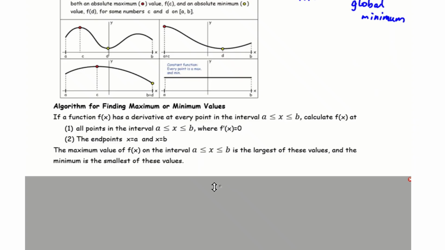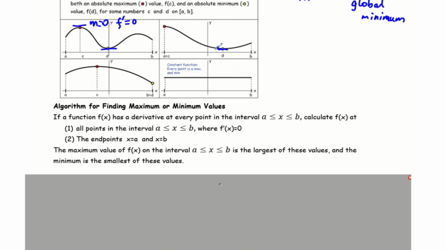If we want to find the maximum and minimum values algebraically, how are we going to find them? The maximum or minimum happens where the slope is 0. So we just find the derivative and let it equal 0 to find the possible maximum or minimum points.